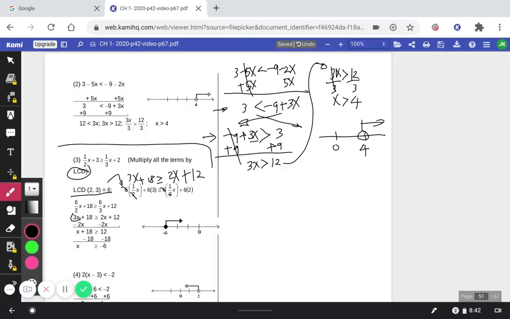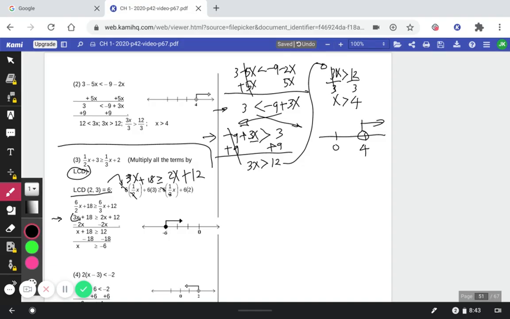So this fractional inequality turns into 3x plus 18 is larger than or equal to 2x plus 12. So you get this particular inequality, and then you just solve it.